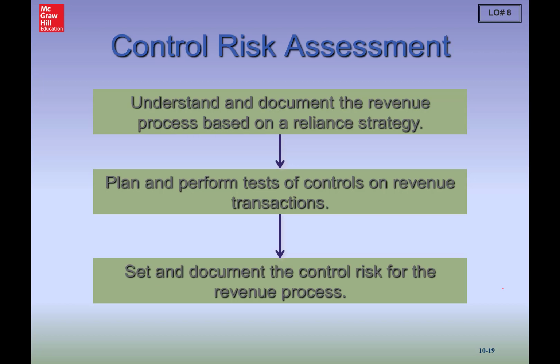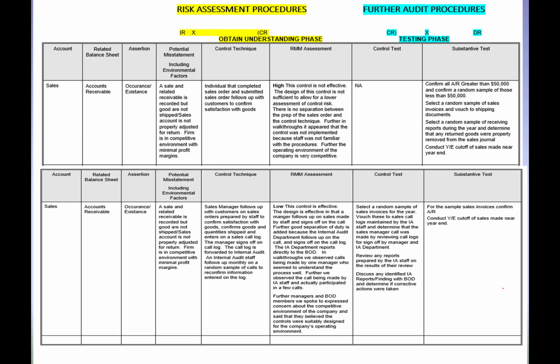That determines the assessment of risk of material misstatement, right? If the assessed risk of material misstatement is at the maximum, we can go directly to substantive testing. If it is at less than the maximum, we're going to have to test the controls, aren't we? Okay. And then we have to document the assessment of control risk and how we responded to that.